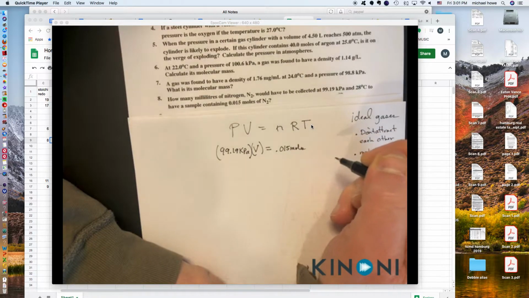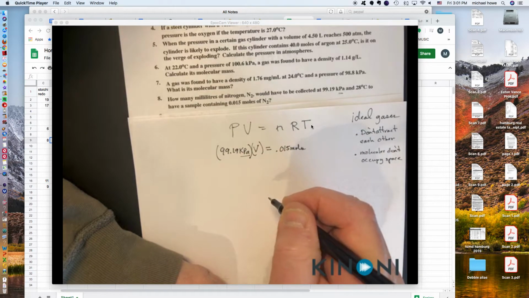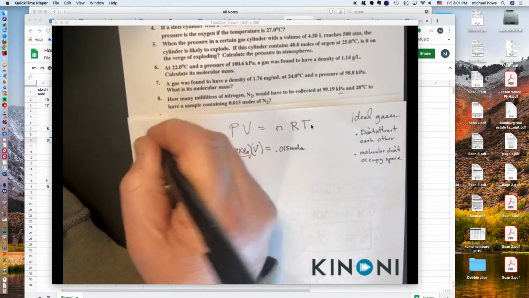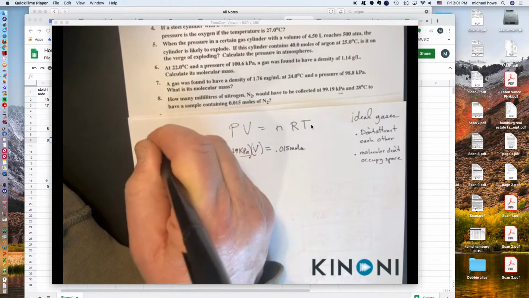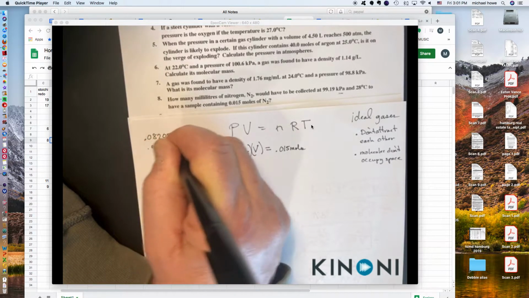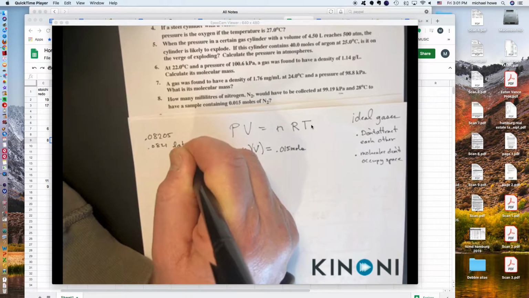R, since the pressure is measured in kilopascals, we're going to use the value for R that matches that. Now you remember I gave you two values of R. One was 0.08205, or I think I said 0.0821, and that's liter atmospheres per mole Kelvin.